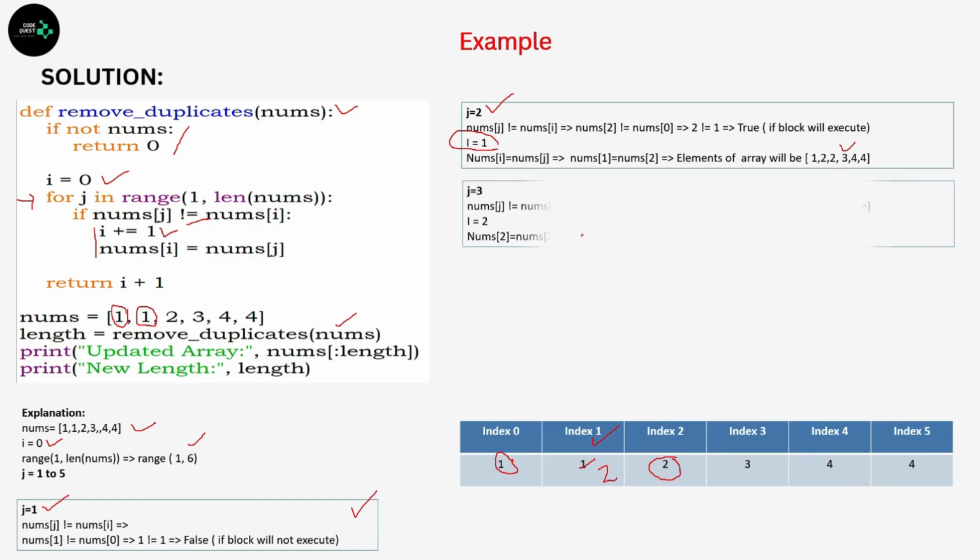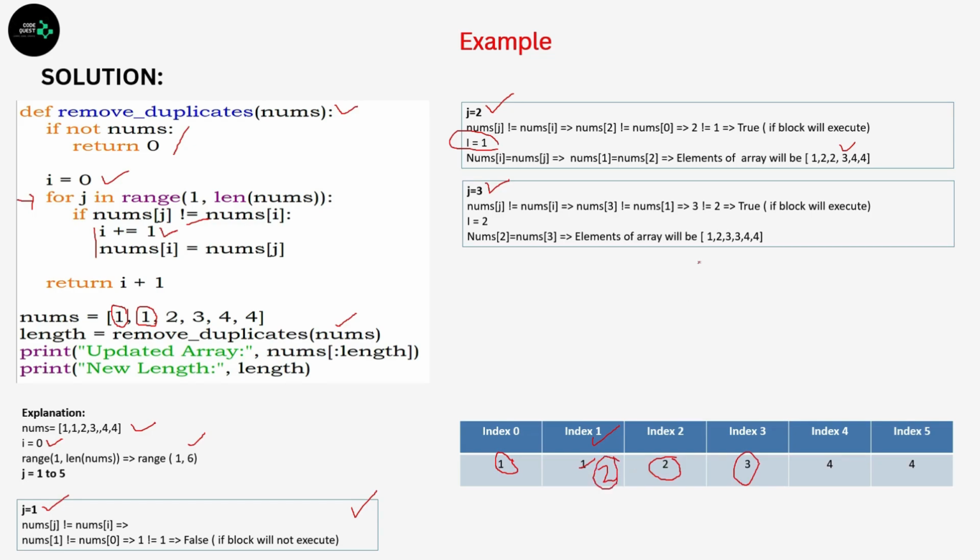Now with the next iteration, your j becomes 3. Once again, when I check this if condition, nums of j not equal to nums of I, where j value is 3 and I value is 1, that is last updated here. So nums of 3 compared with nums of 1. What is nums of 3 holding? 3, and nums of 1 holding 2. So 3 not equal to 2 is true once again.